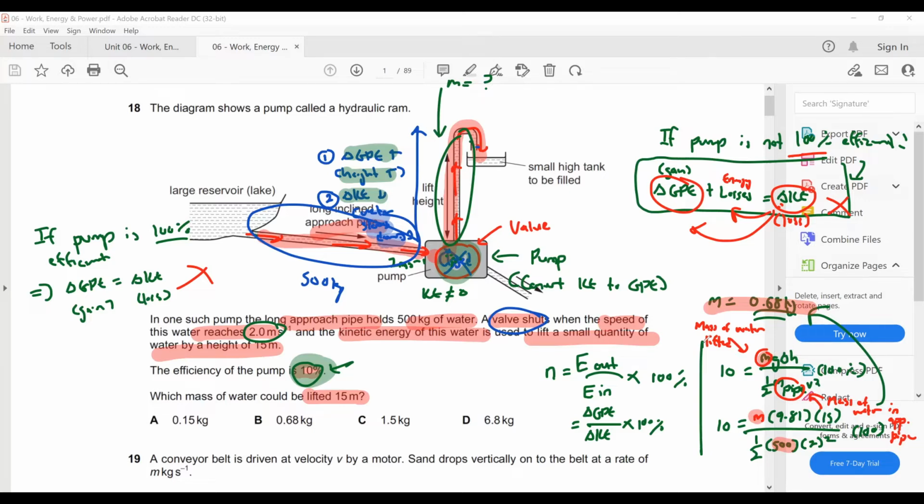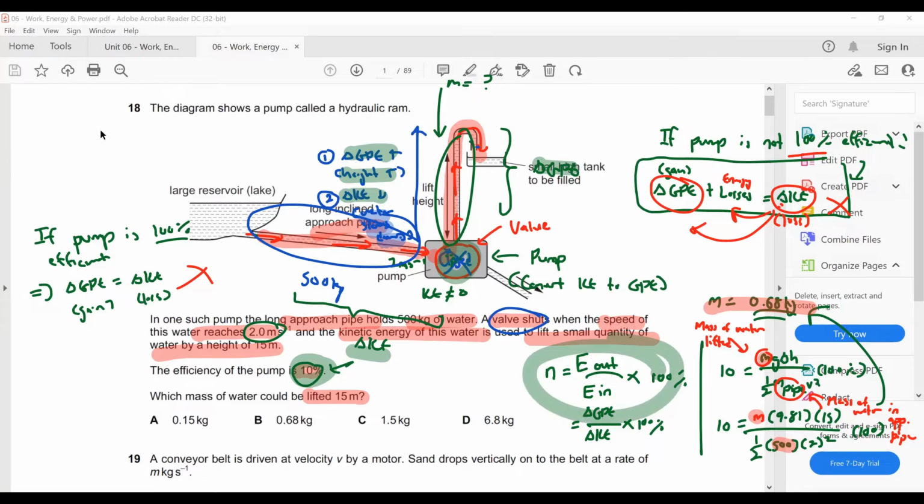Okay, that's why here I give you two different things. Your mass is not the same. Your masses will not cancel because you're talking about two different things. All right. From here to here, you had the change in KE. From here to here, you had the change in GPE. All right, a portion of your KE was converted into GPE according to this efficiency.